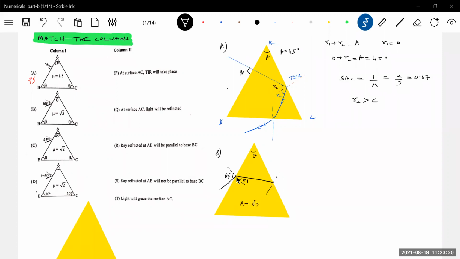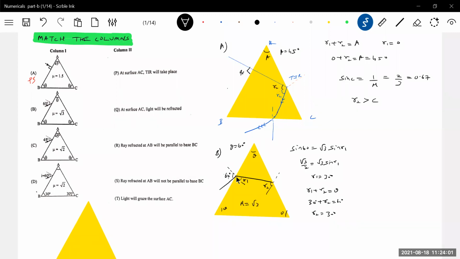Mu is root 3, so root 3 sine 60 equals root 3 into sine R1. Sine 60 is root 3 by 2, so R1 is 30 degrees. It is an equilateral triangle, so theta must be equal to 60 degrees. R1 plus R2 equals theta, so 30 degrees plus R2 equals 60 degrees. So R2 will be 30 degrees.